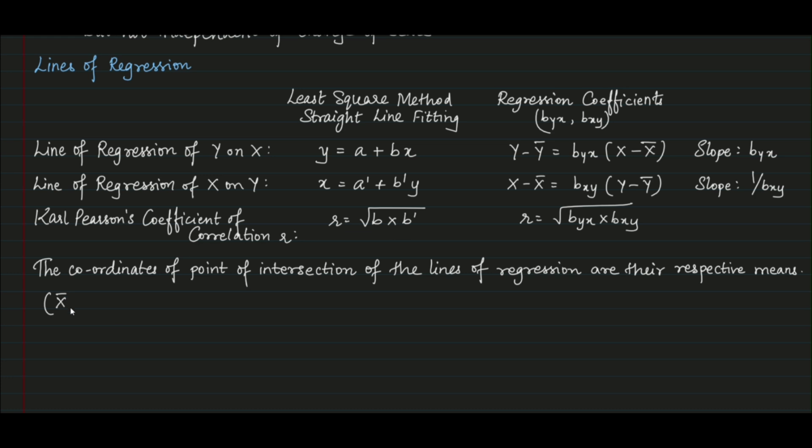Simply x bar, y bar, that is the means of x and y, is the point of intersection of the lines of regression.